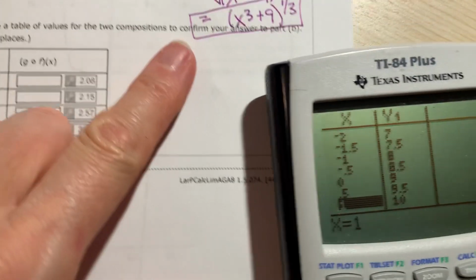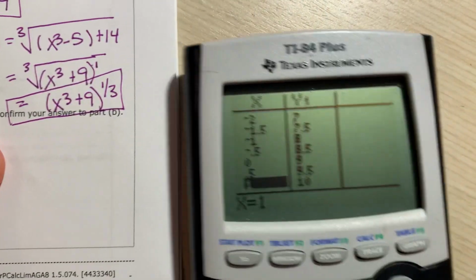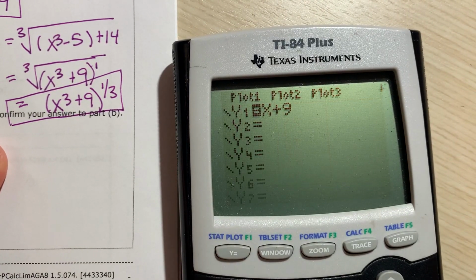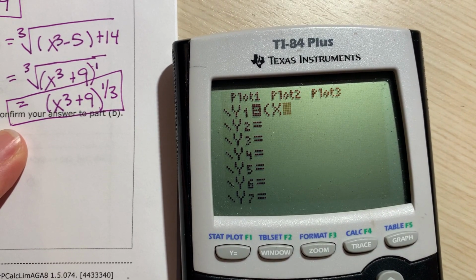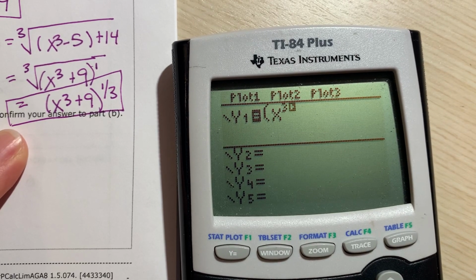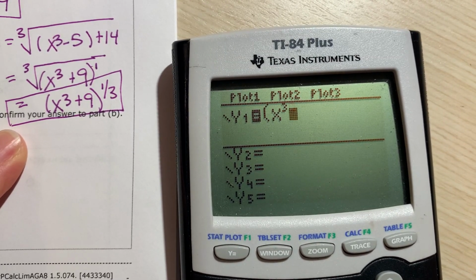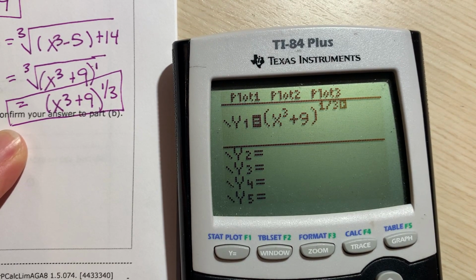And then they want you to do the same thing for your other function. So I'm going to do y equals, clear that out. So I'll do parenthesis x to the third. Did I do to the third? Yes. Plus 9, close parenthesis, to the 1 divided by 3.